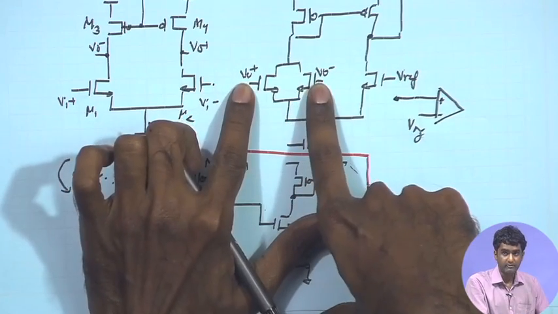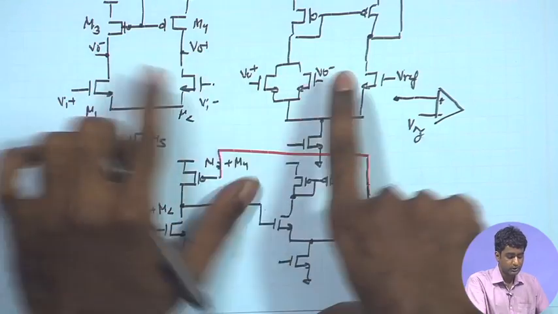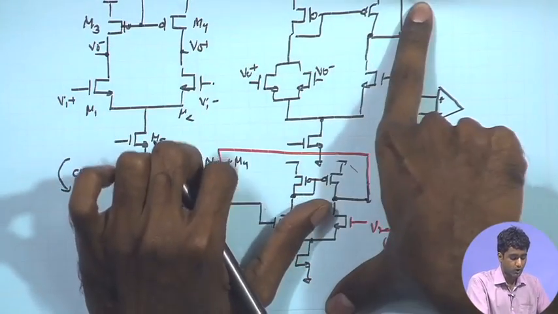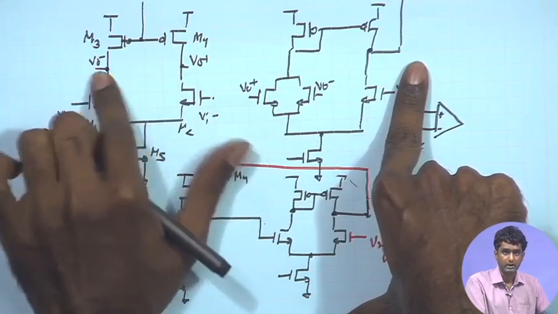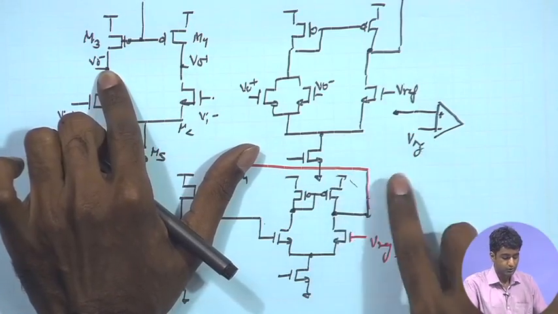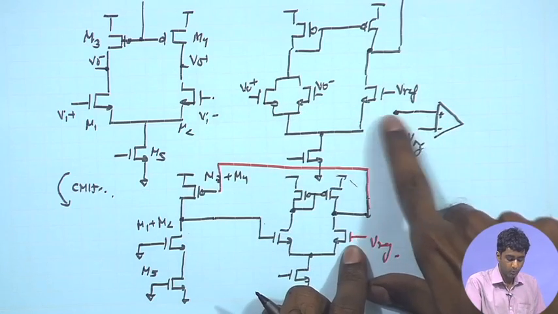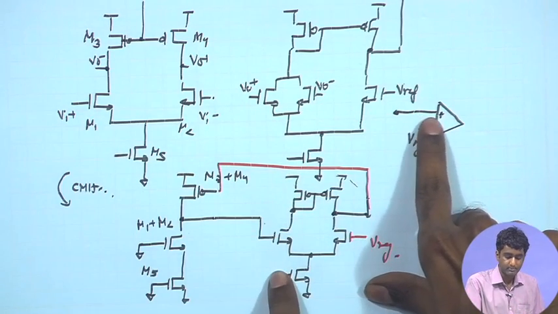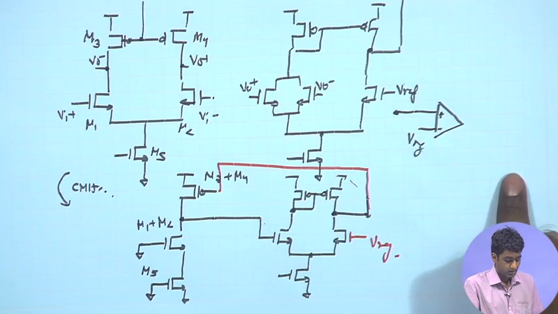So, if the VCM goes up, that means (VO plus VO minus)/2 goes up, this should also go up, and as a result the PMOS gate voltage should go up and should bring the common mode voltage down. So, by our definition, the actual common mode signal coming from the differential amplifier is applied to the positive terminal and the reference was applied at the negative terminal.